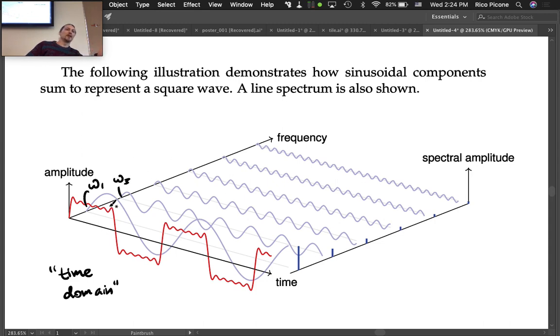It turns out the omega 2, the omega 4, all of the even ones end up having 0 amplitude, so we're skipping them in this graph. Omega 5, omega 7, omega 9, omega 11.